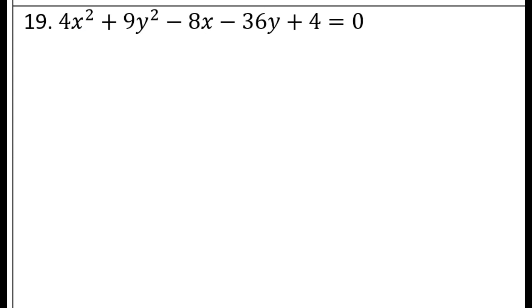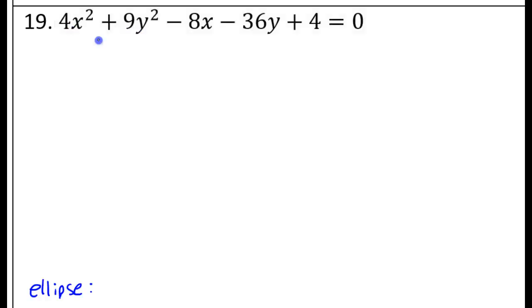Now number 19 is an ellipse. I can tell that it is an ellipse because the x squared and y squared terms are both the same sign. They're both positive, but they're not the same number. If they were the same, like a 4x squared and a 4y squared, it would be a circle.